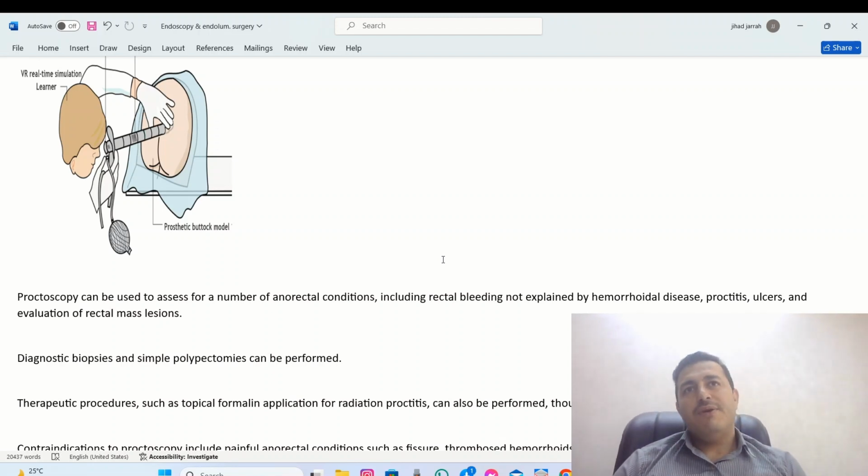The discomfort the patient may have is usually related to two things. First of all, either the mucosa is engaged in the edges of the proctoscope and there is a little bit of tearing, or due to the insufflation of air in the rectum, the distension of the rectum can cause discomfort.